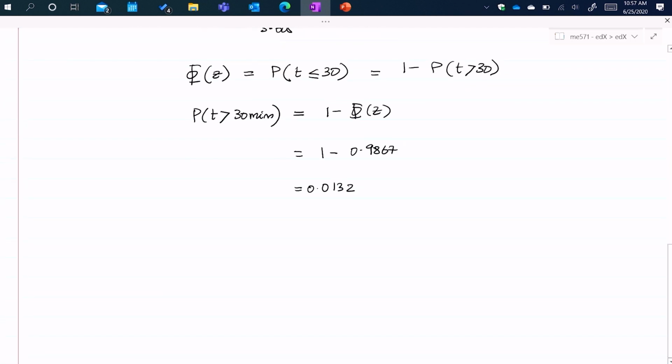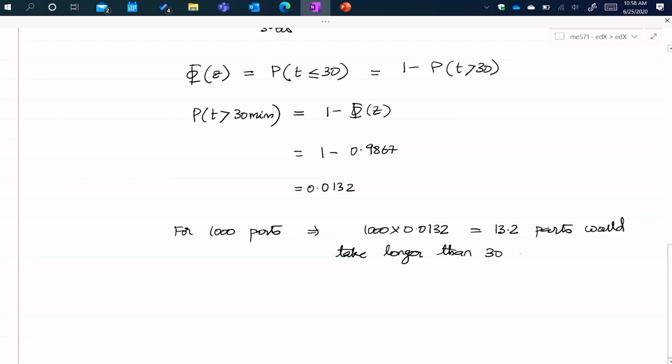So the probability that time would be greater than 30 minutes is 0.0132. Therefore, for 1,000 parts, you would get 1,000 times 0.0132, which is equal to 13.2 parts that would take longer than 30 minutes total.